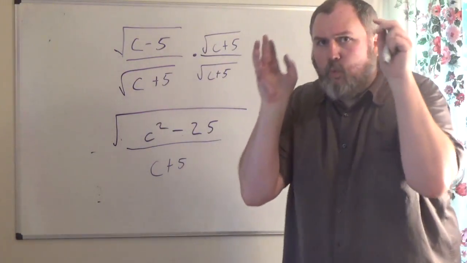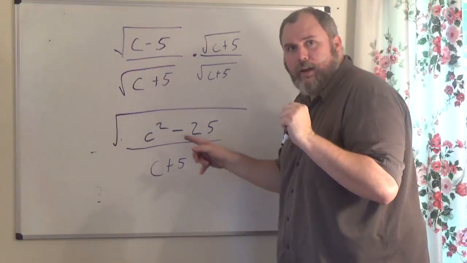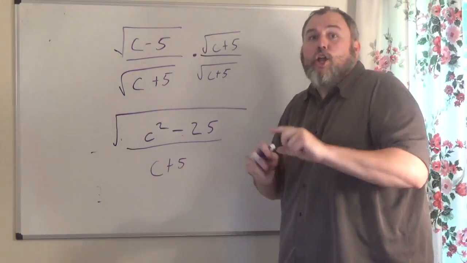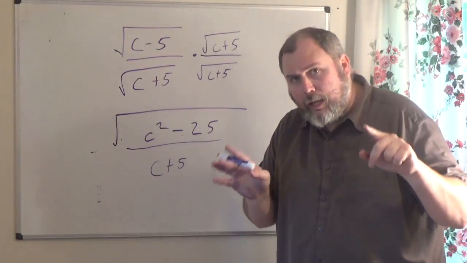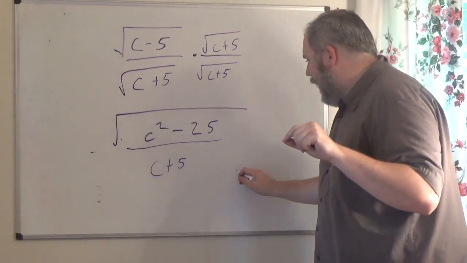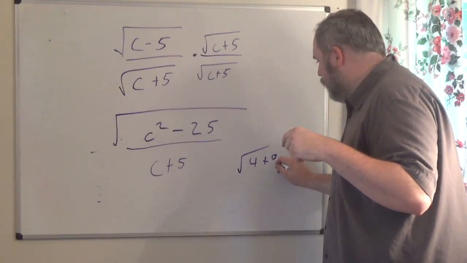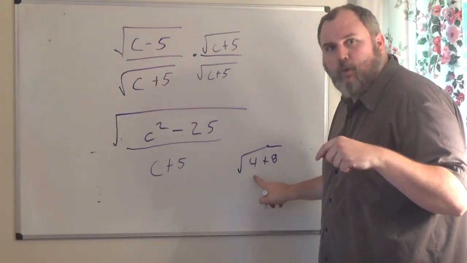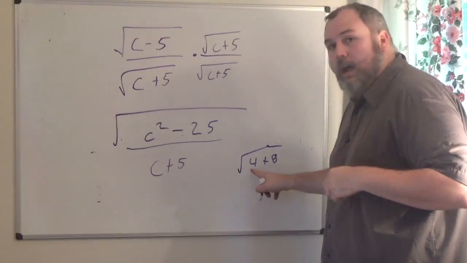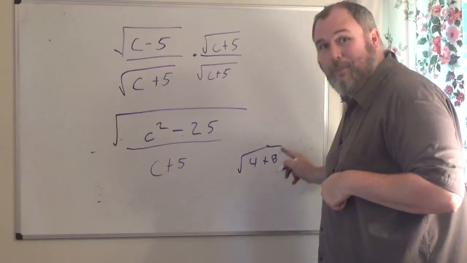Now, you may be wanting to square root the c squared and square root the 25. Don't. Think back to first module. You remember how I gave you something like the square root of 4 plus 8?